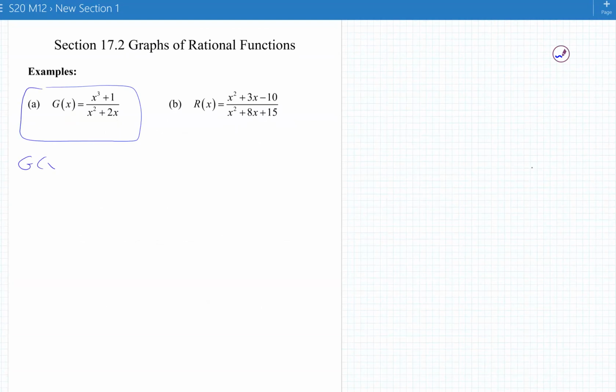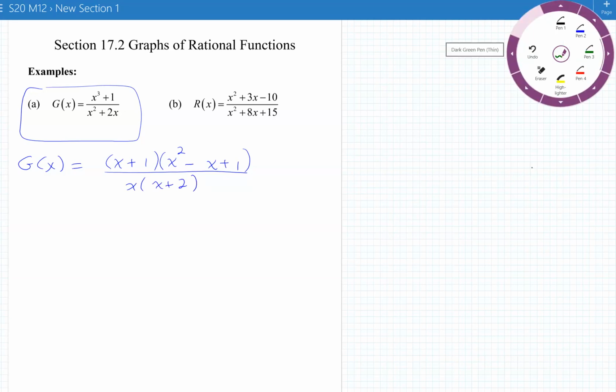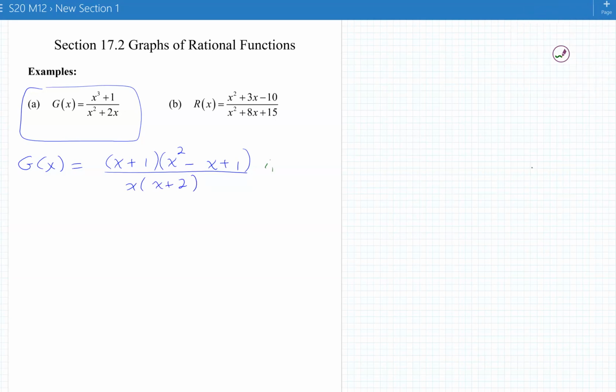So we have g of x, and our first thing we need to do is factor the numerator and denominator. So I see I have a sum of cubes, so I'm going to have x and 1, x squared x and 1, same sign, opposite sign, always positive. And then in the denominator I have x times x plus 2. So I don't have any matching factors in the numerator and denominator, so this is in lowest terms.